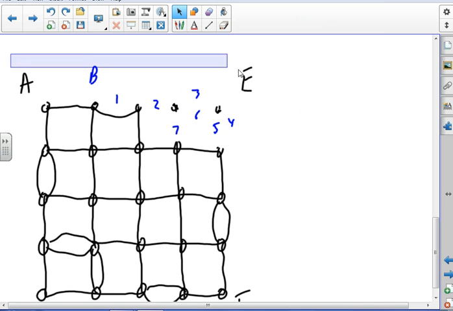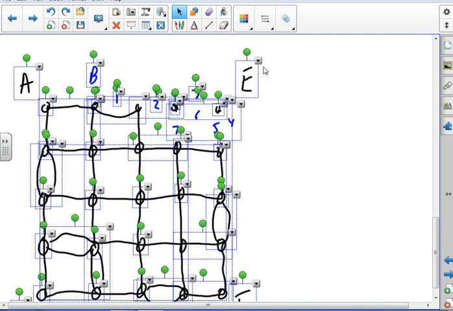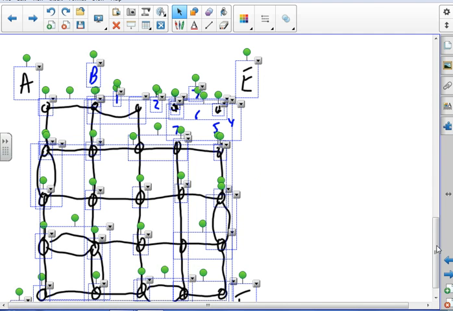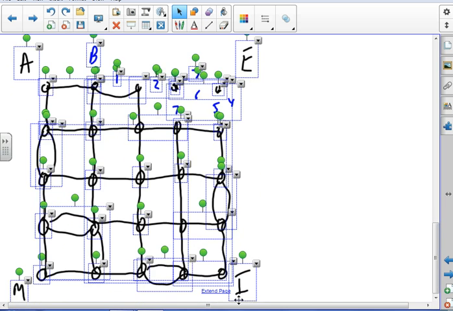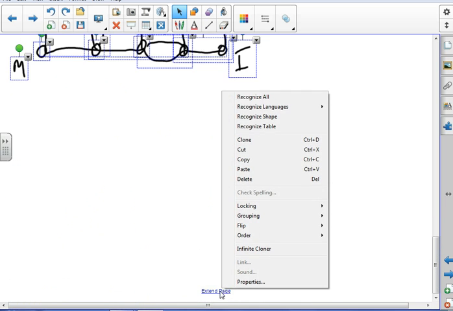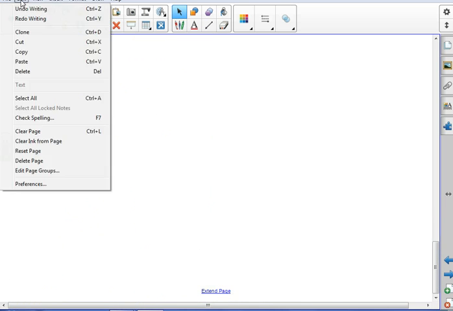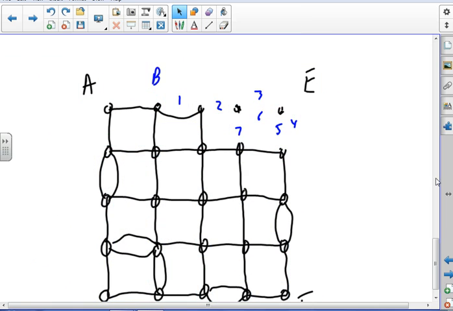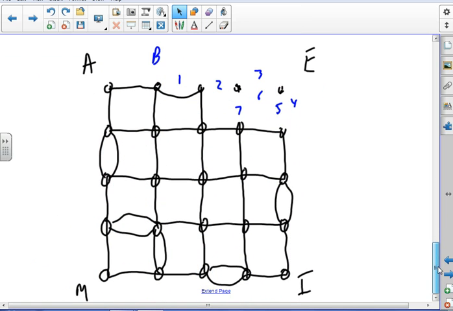And we'll just copy that. Paste that. Okay. Then we can, so we're here.